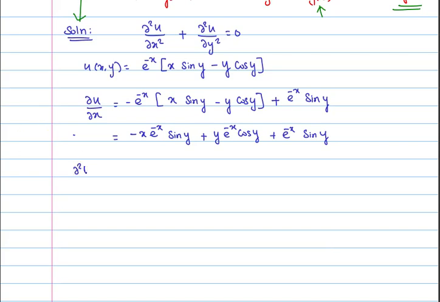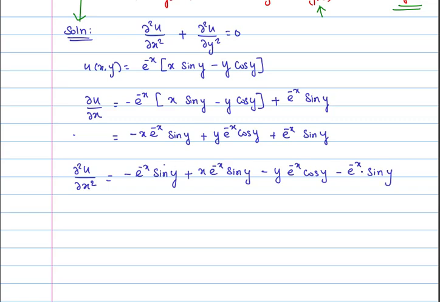So that is d square u by dx square equal to, again, minus x exponential of minus x sin y plus x times exponential of minus x sin y, then minus y times exponential of minus x cos y minus exponential of minus x sin y.